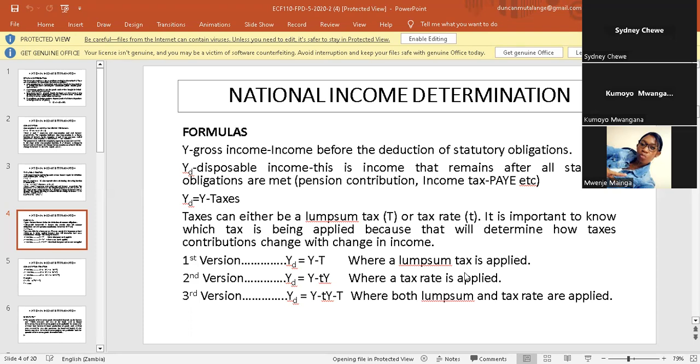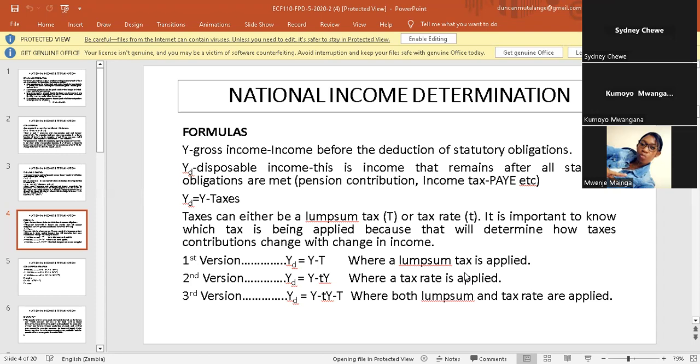The tax rate. So the government, for example, just comes and says, people will be paying 10% of their income. So meaning, if you're earning 100 kwacha, the government gets 10% of that. Then you call that what? The tax rate. So that 10% is the tax rate, meaning it's the percentage of income.